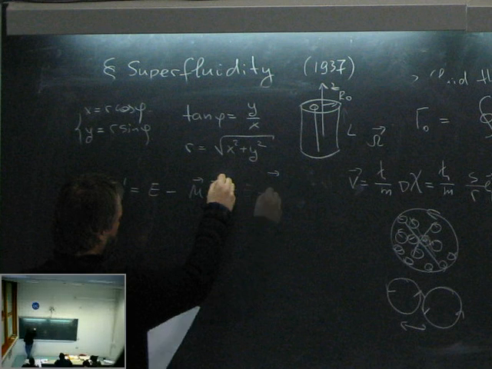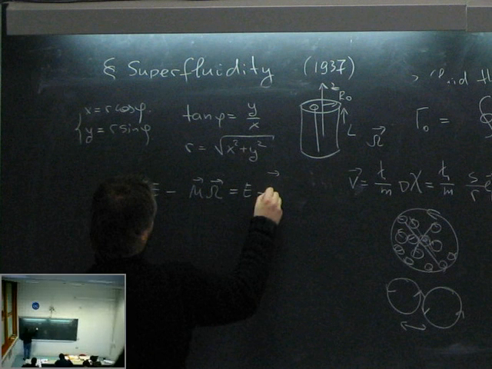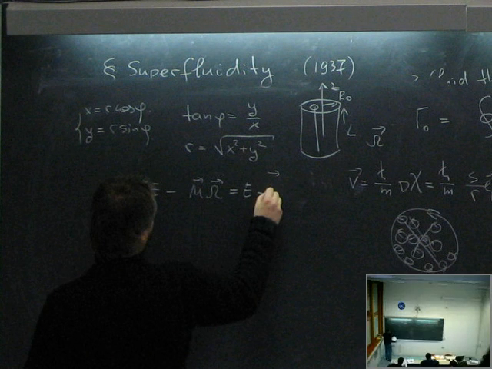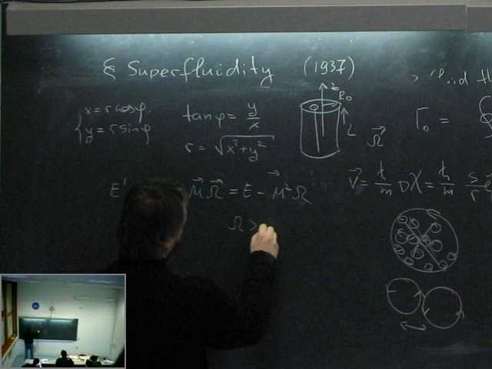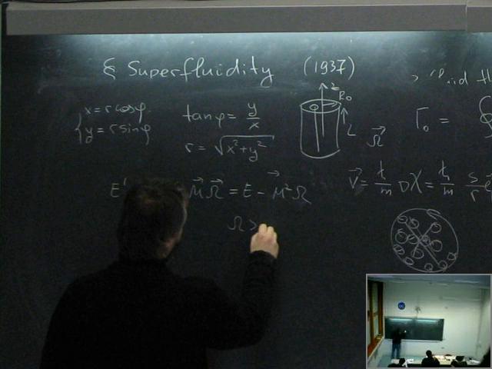So this is E minus mz omega, and therefore in order to have E prime negative, the same way as the Landau criterion, we have omega bigger than omega c equal to E over m.